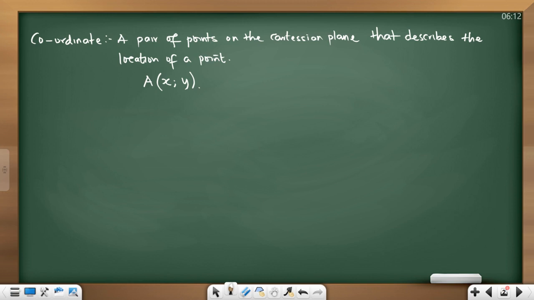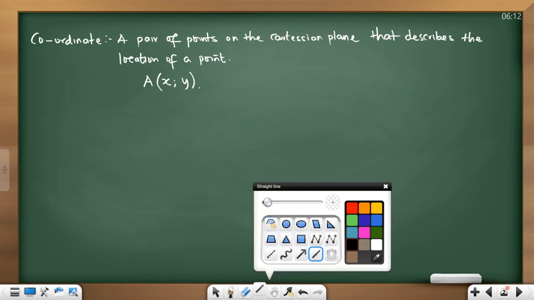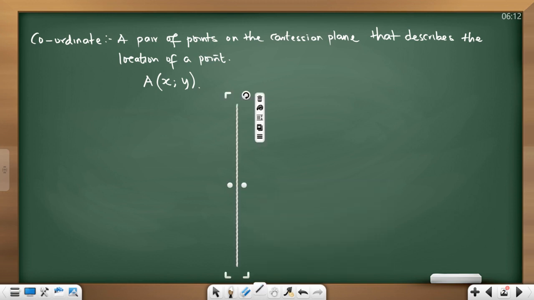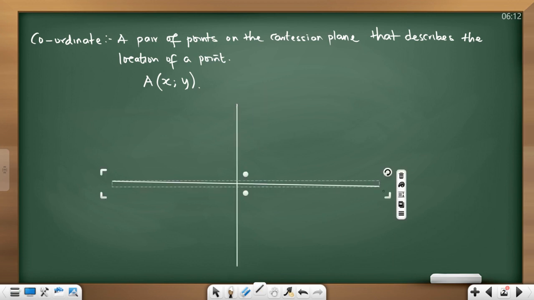While I'm here, it is important for me to quickly show you a few things. So here's your Cartesian plane. This is known as your y-axis, and this is known as your x-axis. Don't forget, it is positive on the right and negative on the left, positive above and negative below.